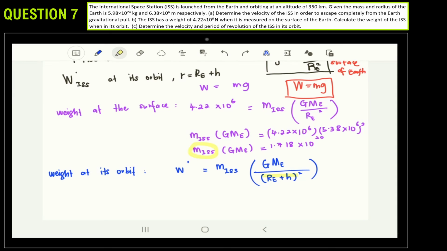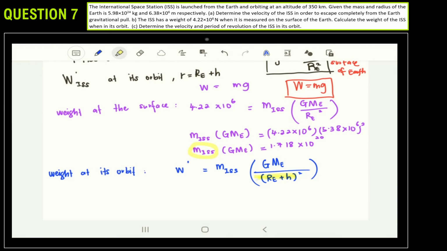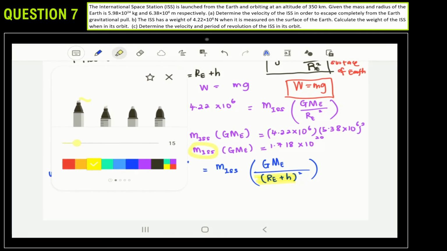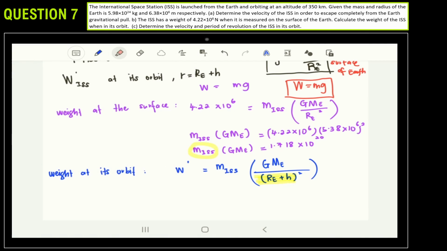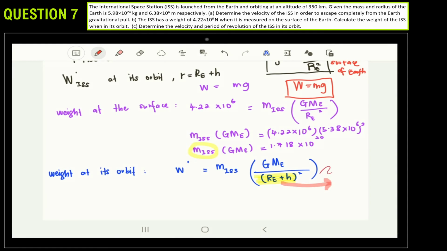I think you can calculate first what RE plus H is. After the calculation, you will get RE plus H equal to 6.7 times 10 power of 6 meter.